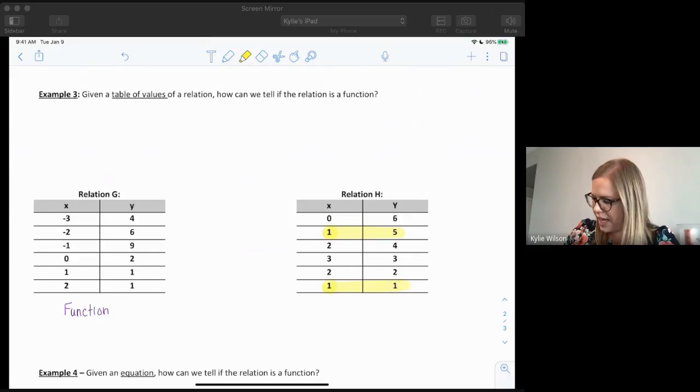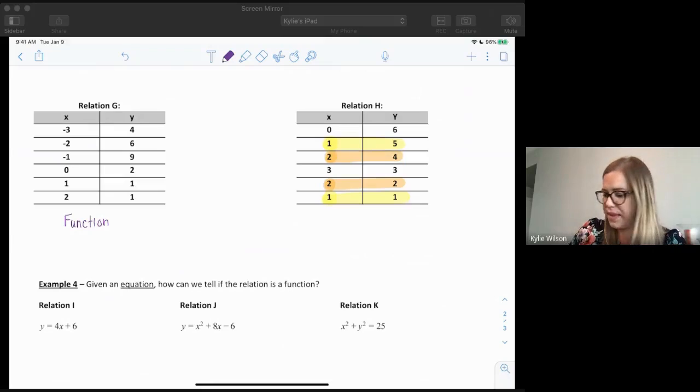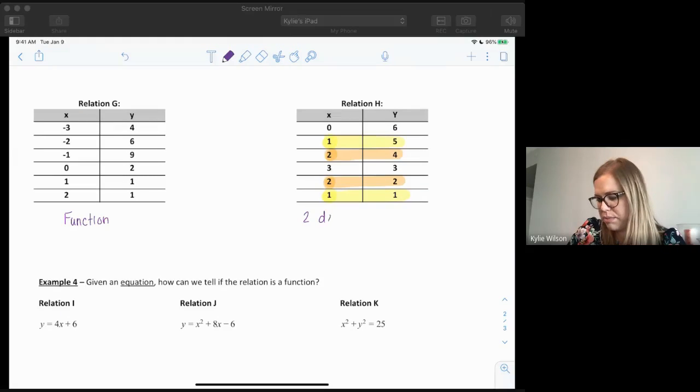And I actually have another issue as well. I have this 2 and 2, so I have (2, 4) and (2, 2). That also can't happen. So I would say that there are 2 dependents for 1 independent. Therefore, it is not a function.